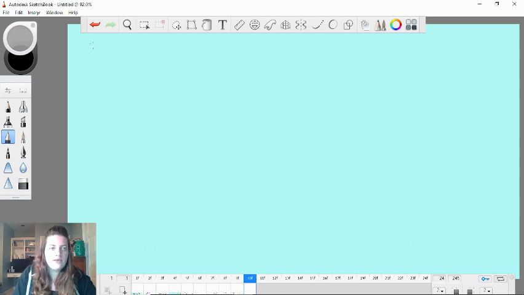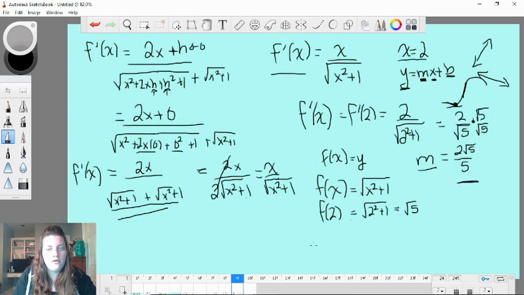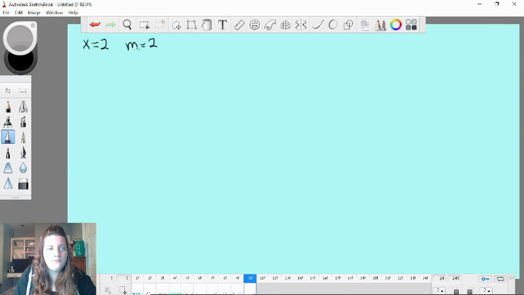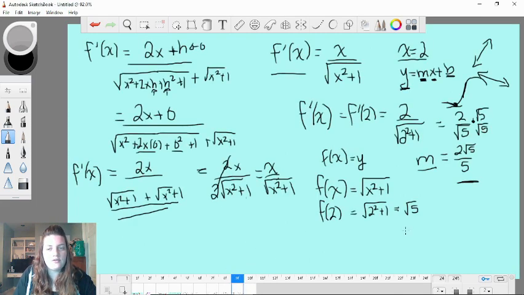So let's take the information we have. We know that x equals 2. We know that m equals 2 square root of 5 over 5. And now we have y as well, which we found was just the square root of 5 when x is 2.